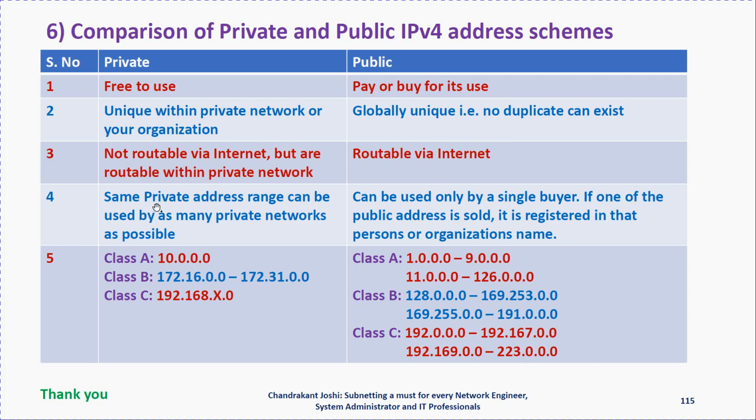We have got some range of private addresses, and those private ranges can be used by millions of organizations because they remain unique within the private network. But over here, once you buy, it is for you. These are the free ranges of private addresses, and anything excluded from here will become a public address.